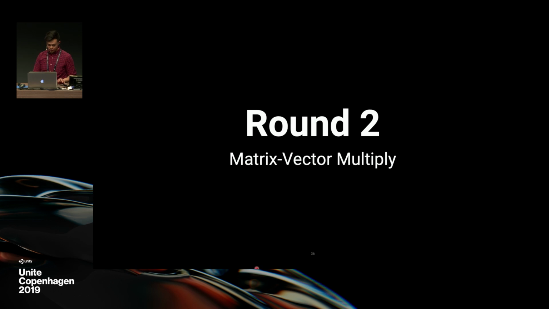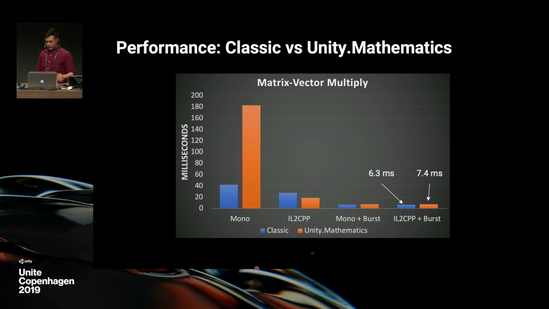Round 2, matrix vector multiplication. Again, the compiled code is faster than mono, and now we're starting to see a trend where Unity Mathematics just dies when you use a mono build. It will become obvious, if it's not obvious already, that using a mono-only build in Unity Mathematics is a very bad idea.